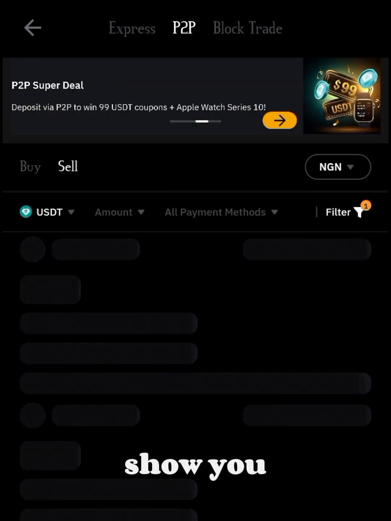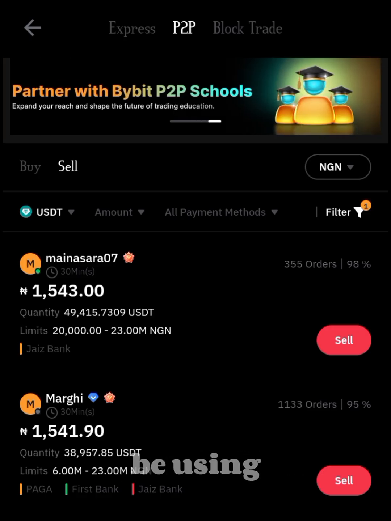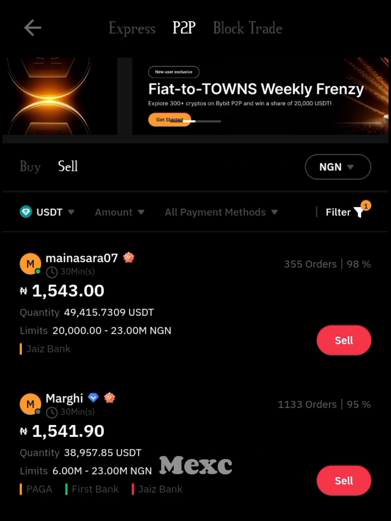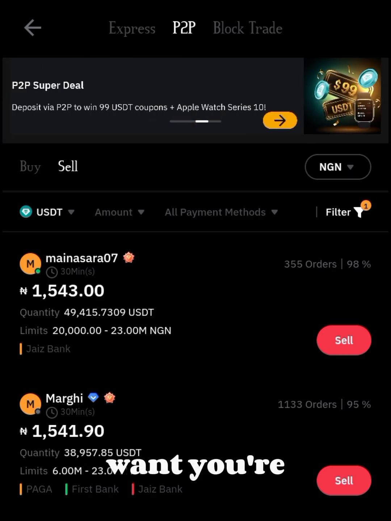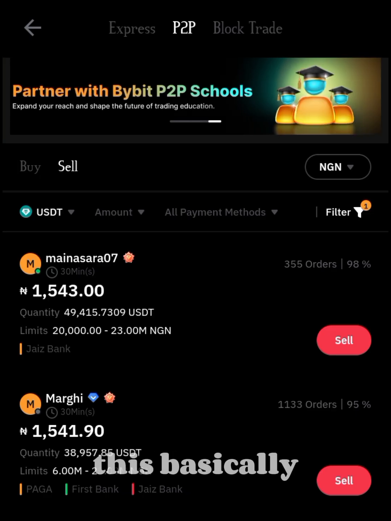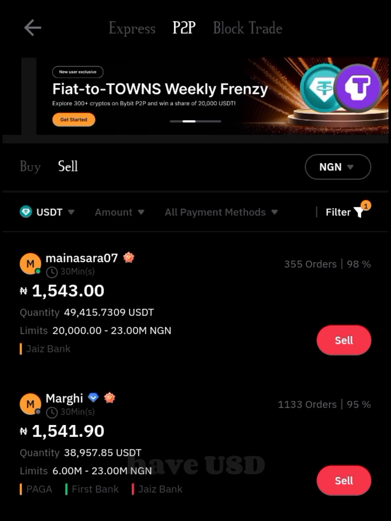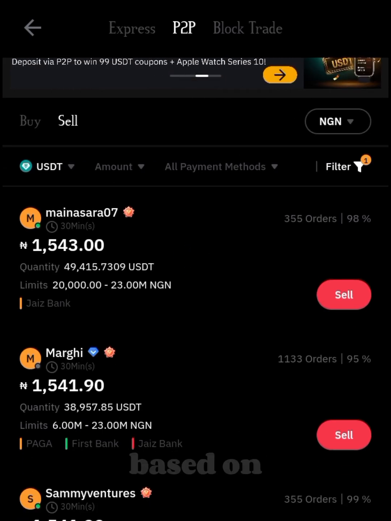Now we'll show you 5 things you need to do first. This goes across all the exchanges you might be using: Bybit, BitGet, MEXC, Gate.io, KuCoin, OKX, whichever one you're using. This is basically the same, just a few differences, right? Now if you enter the sell area because you have USDT that you want to sell to Naira, you see the options here based on the current rate.